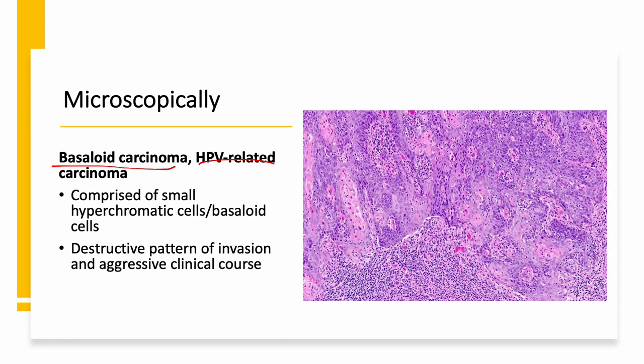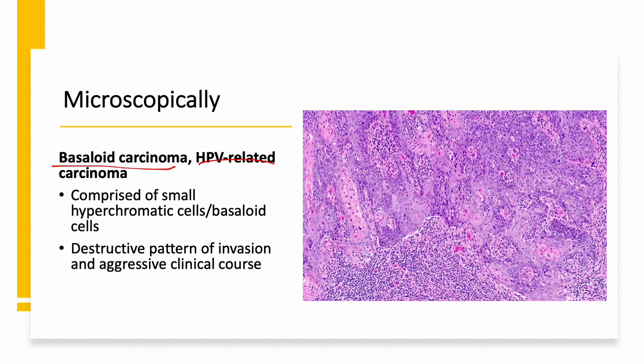Usually those basaloid carcinomas have blue cells, different from pink cells. There is no keratin production, and they look like a poorly differentiated or higher grade component. Basaloid carcinoma is already grade 3.